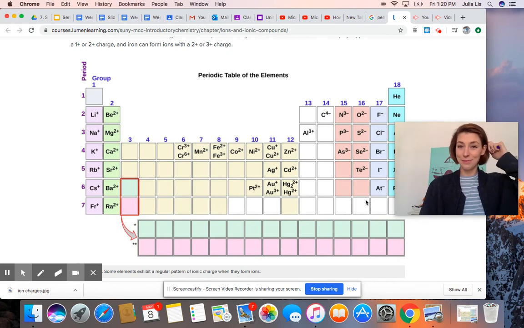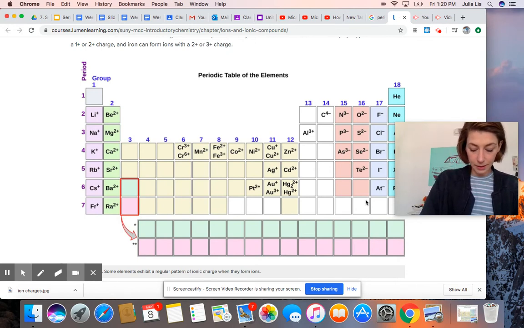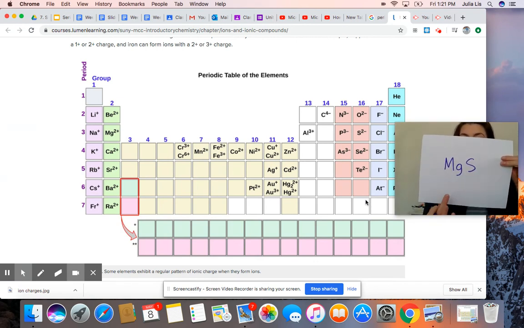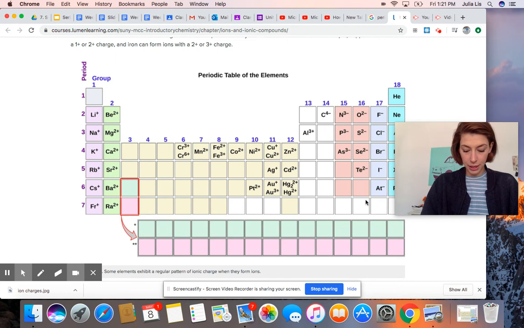One more, maybe? Let's do this guy. So we're going to find the name of the metal here, the first element, Mg. So Mg is in group and family number 2. It's an alkaline earth metal. It's magnesium. So I'm going to name this magnesium. Okay.